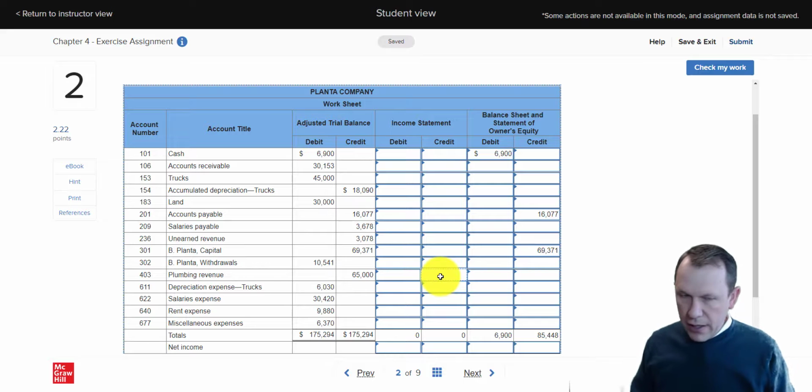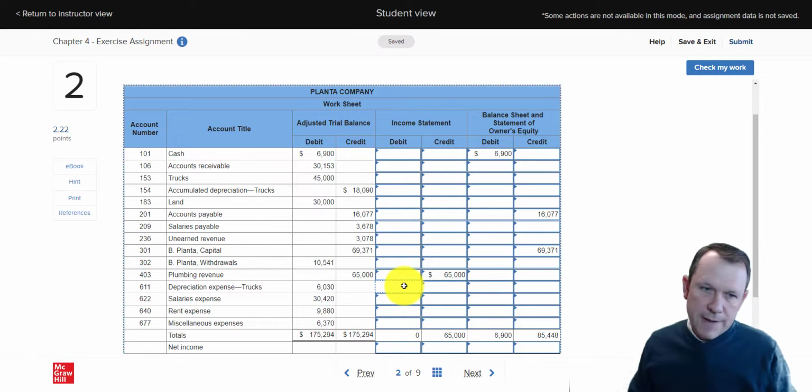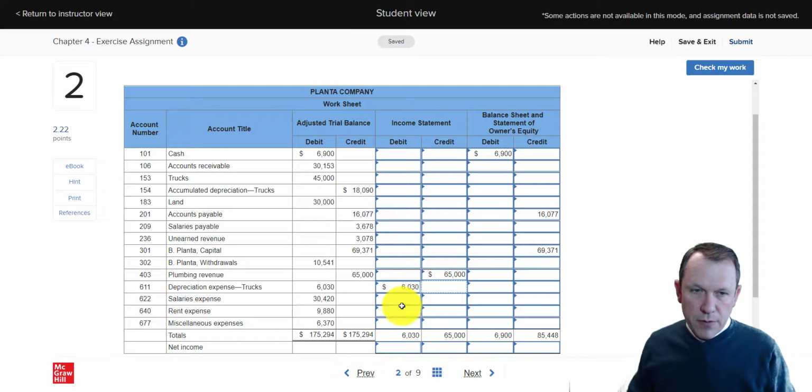They are going to stay right here on the income statement columns, right? And all the expenses will be there. Once we line up all the expenses on the debit side here, which I'll just go ahead and do just to give you an example, we're going to pull all these expenses over here.